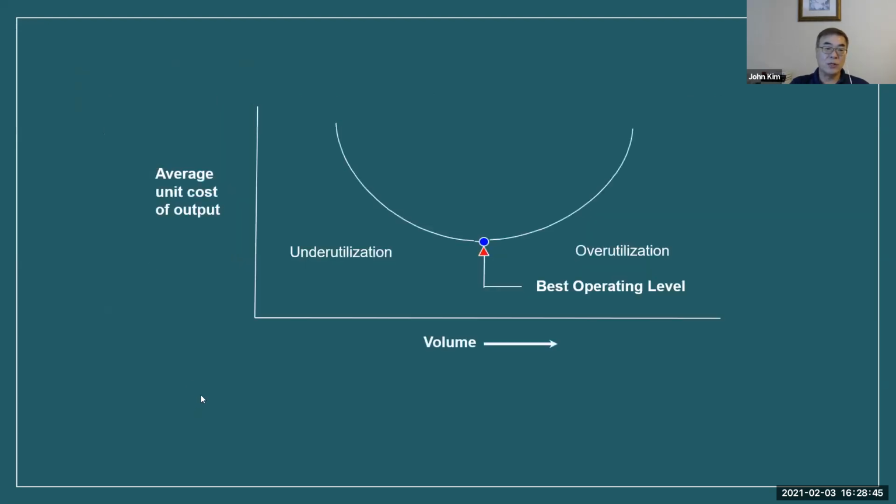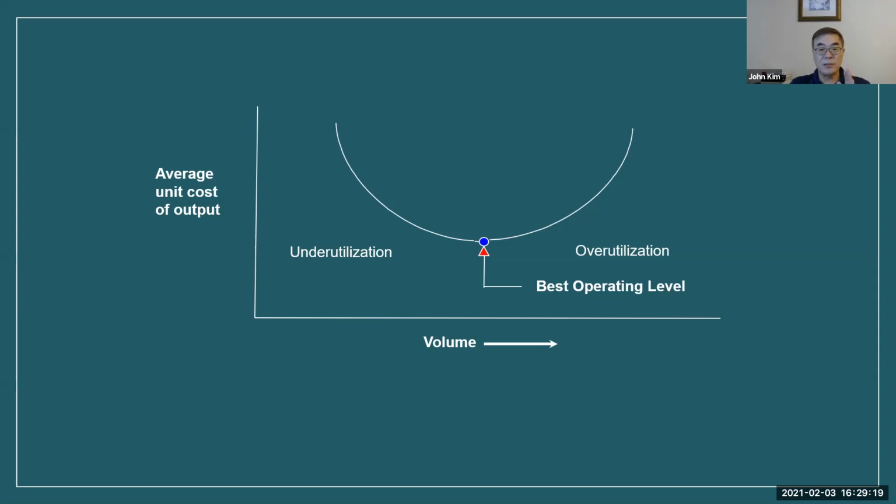From this chart, from this best operating level, the left side is the underutilization area, and this side is the economies of scale region. If our production level is here, increase volume or get larger, then unit cost decreases.